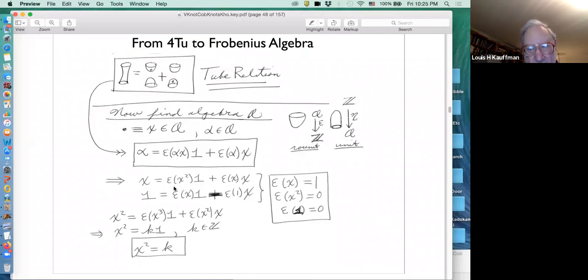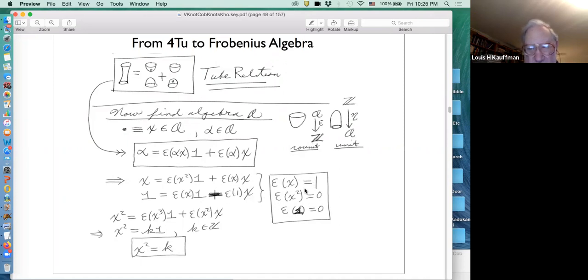And then I put in 1 for alpha, and I get 1 is equal to epsilon of x times 1 plus epsilon of 1 times x, and that tells me that I should have that epsilon of x is 1. But I already figured that out, and it tells me that epsilon of 1 is 0.